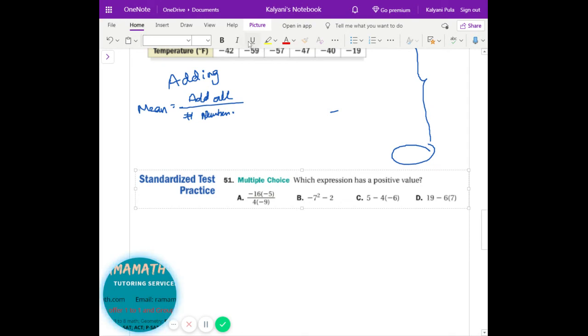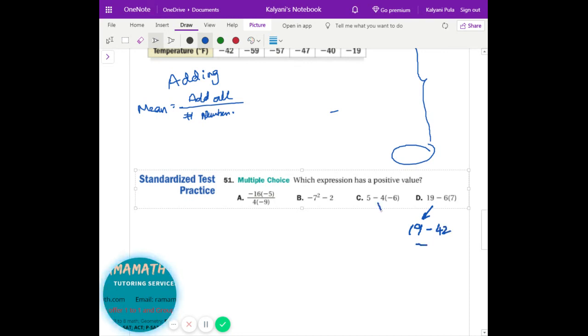So one way we can answer this question for sure: if you look at this one, 6 times 7 is 42. You end up with a negative number that is bigger, so you're going to end up negative.